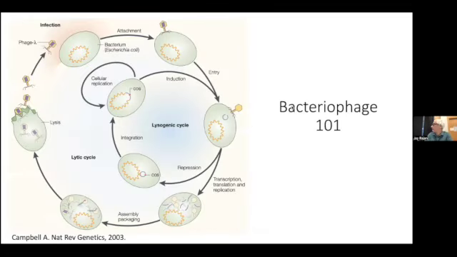I like to always start off with a quick reminder of what bacteriophage are. Bacteriophage are viruses that infect bacteria, and they can cause lysis, or they can enter what's called a lysogenic cycle, which doesn't involve lysis of the cell.